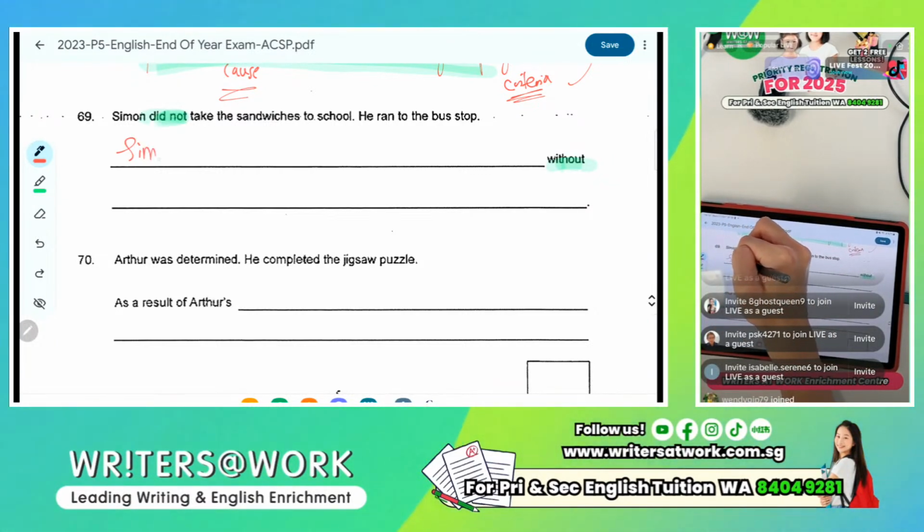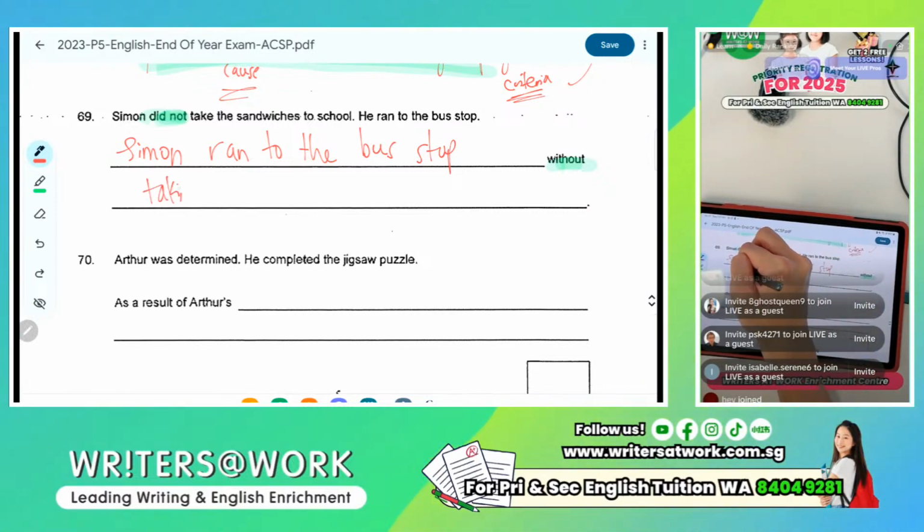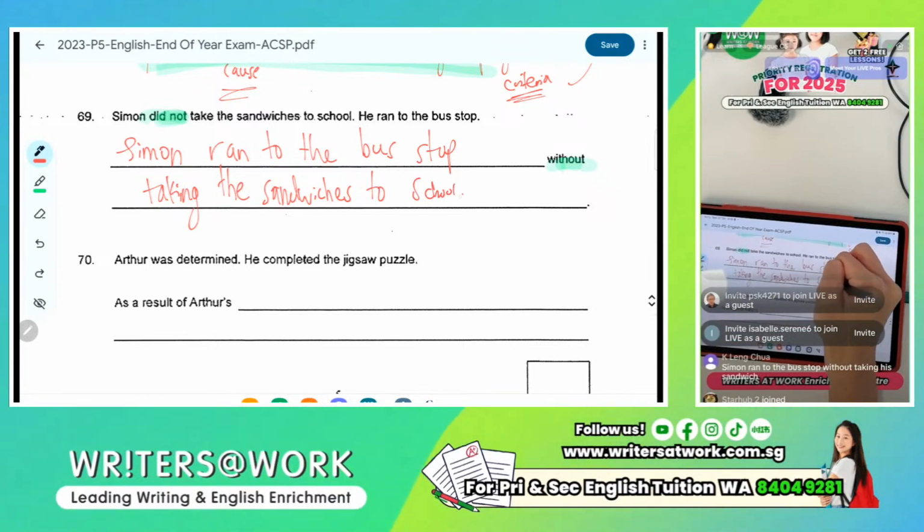So it will be Simon ran to the bus stop without taking the sandwiches to school. Okay? Without taking the sandwiches to school. We just follow what the question has. Okay?